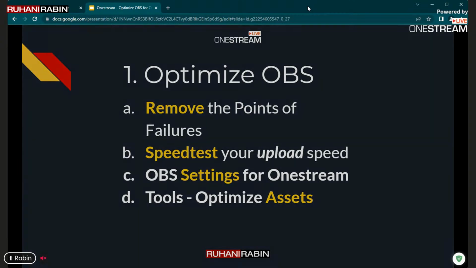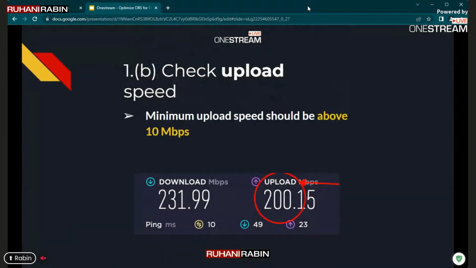Now I covered point 1B, check upload speed. So how do you do it? You go to speedtest.net and run the test. This was a test from a different computer.